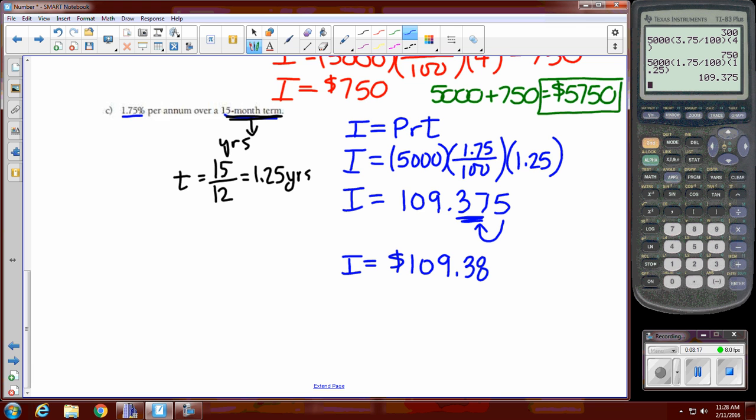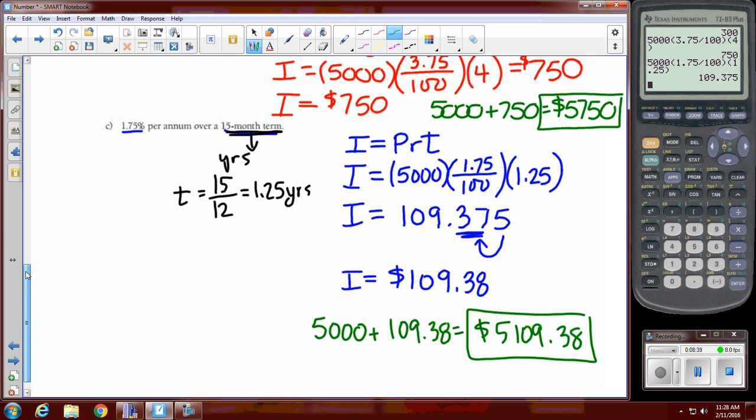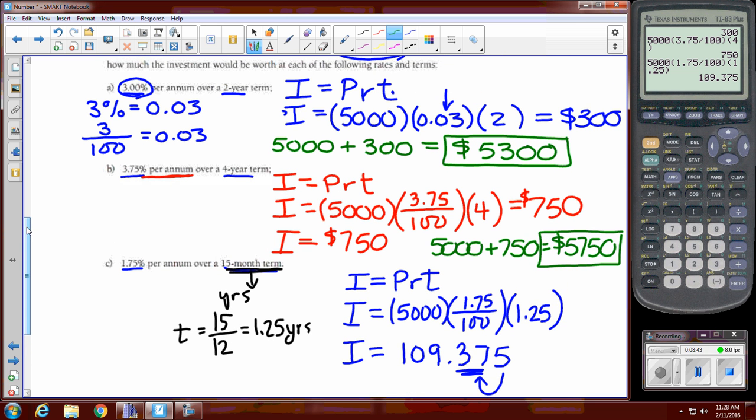So we bump up that last bit to a penny. So that's the interest that we're going to get. The amount in our bank account after all that time is the 5,000 plus the 109.38, which would get us to $5109.38.